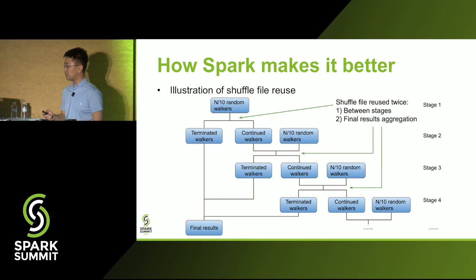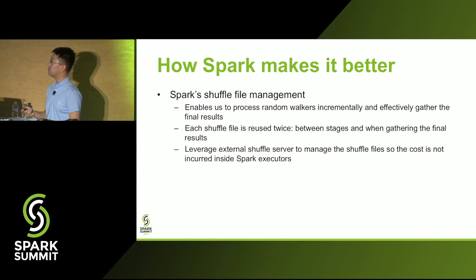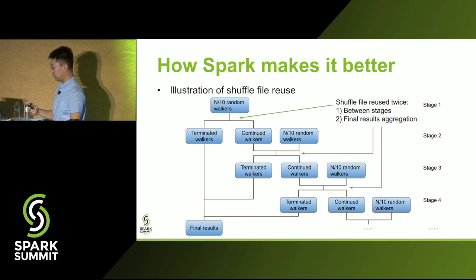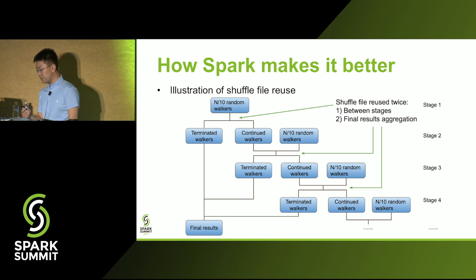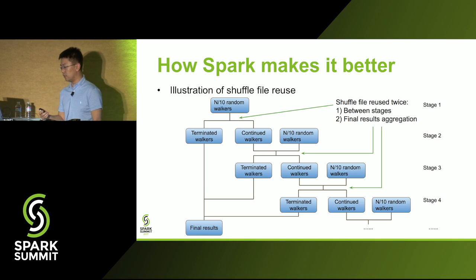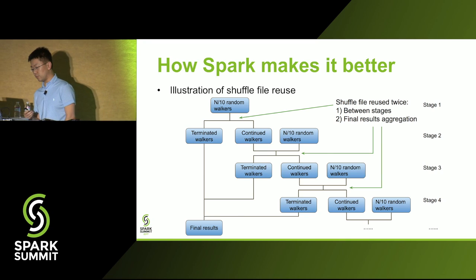We further noticed that Spark's shuffle mechanism provides additional benefits when processing the computation in such an incremental fashion. At the end of each stage, the random workers being shuffled will include both the terminated as well as the continued workers. So this would generate a set of shuffle files between each stage, having all the random workers.